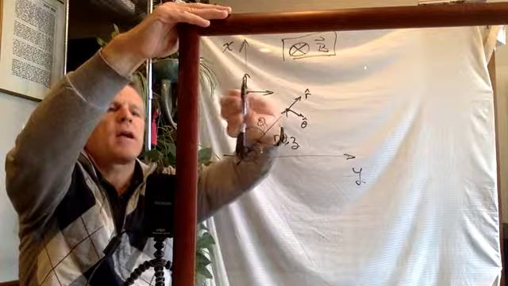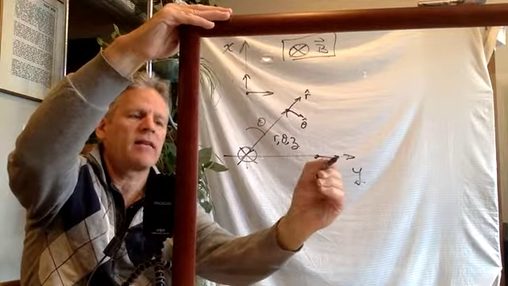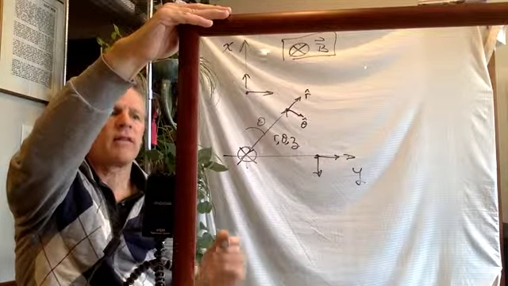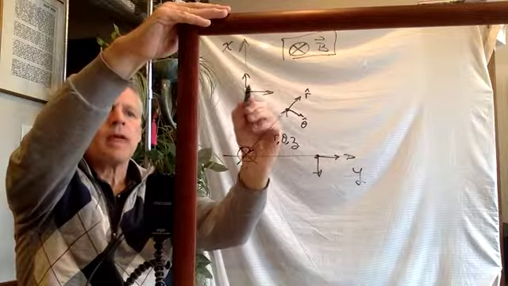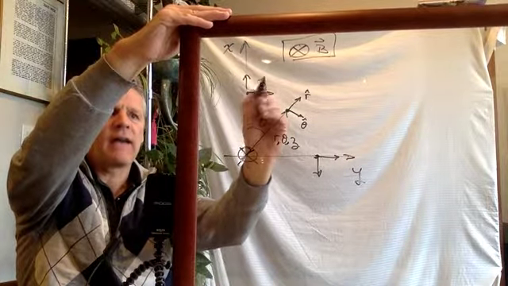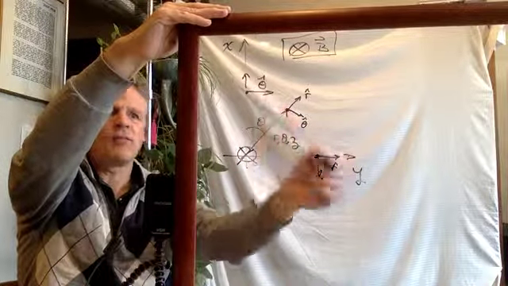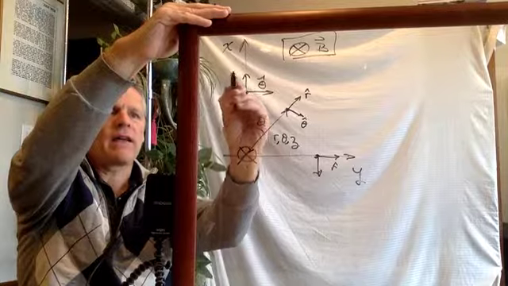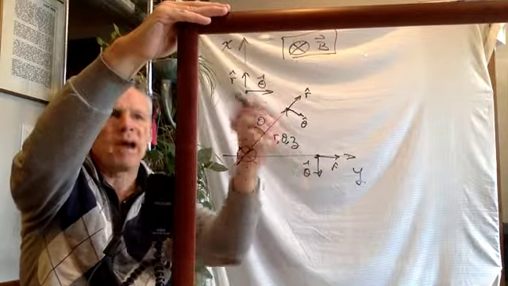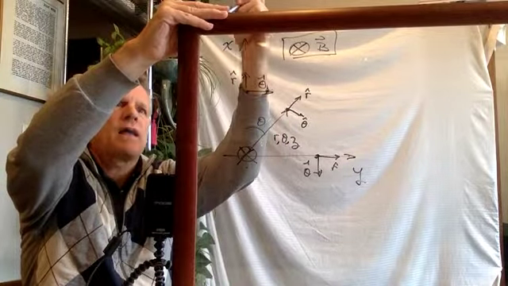But now if I am at this location right here, now my r hat is like this, and my theta hat is like that. And you will notice that they've essentially traded places. This was theta hat up here, and here it's r hat. But it's the same direction. This was r hat here, and here it is theta hat, which is minus r hat, as you can see from that. Okay, so we just want to keep that in mind.